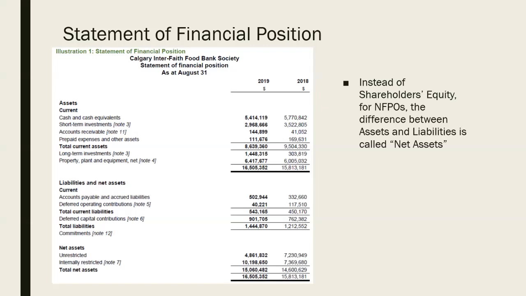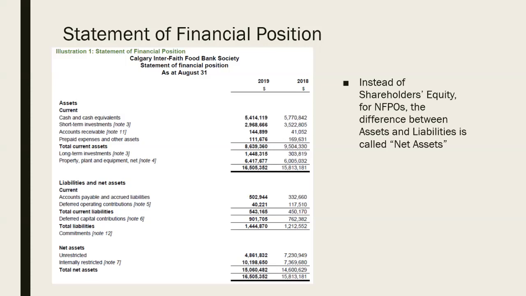On the screen, you can see the statement of financial position for the Calgary Food Bank, whose proper registered name is the Calgary Interfaith Food Bank Society, as of August 31st, 2019, which was the most recent annual report that I could find for this not-for-profit organization.